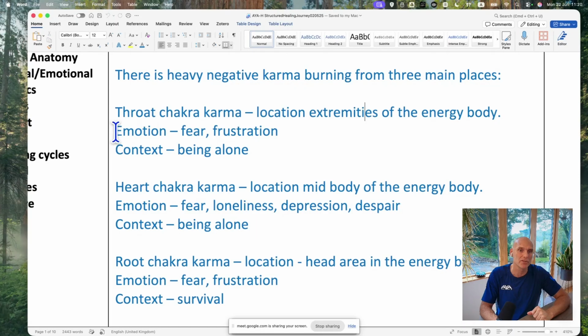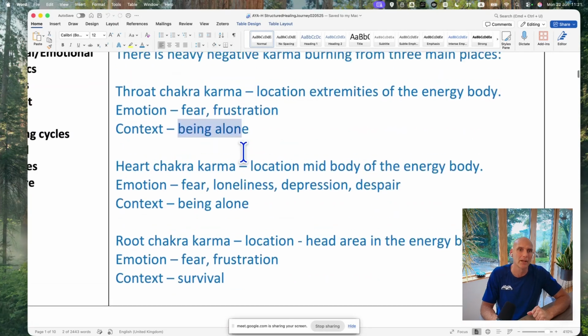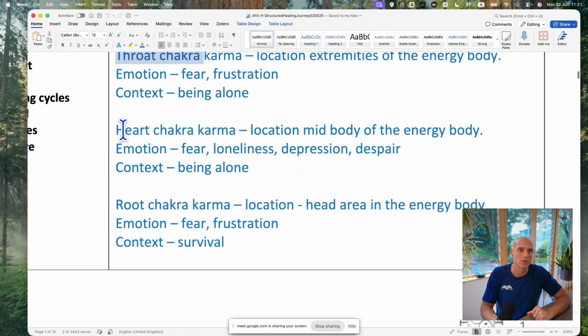The emotions are fear and frustration, and the context is being alone. Those are actually two different types of karma, a fear karma and a frustration karma. The context is being alone. He's afraid of being alone. And that's the throat chakra karma. Also, heart chakra karma, and the location is the mid-body of the energy body.